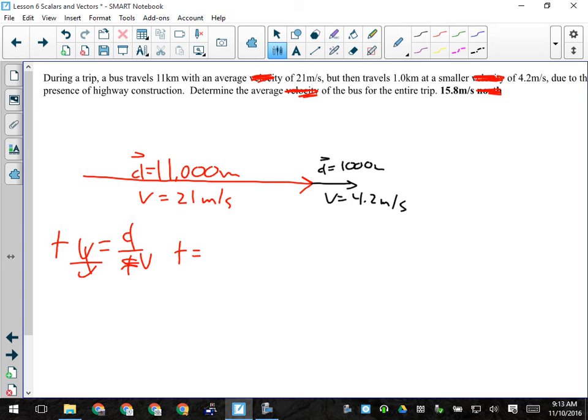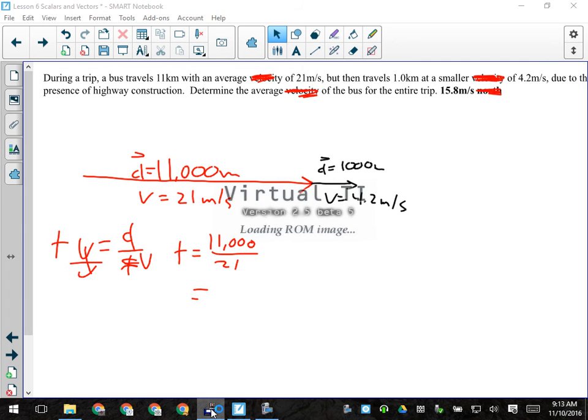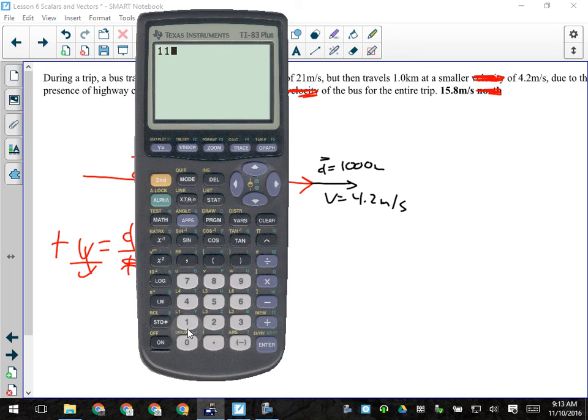So time on this one is going to be 11,000 divided by 21. Whoops, not 3 ones. Okay, so the first part takes 523.809 seconds.